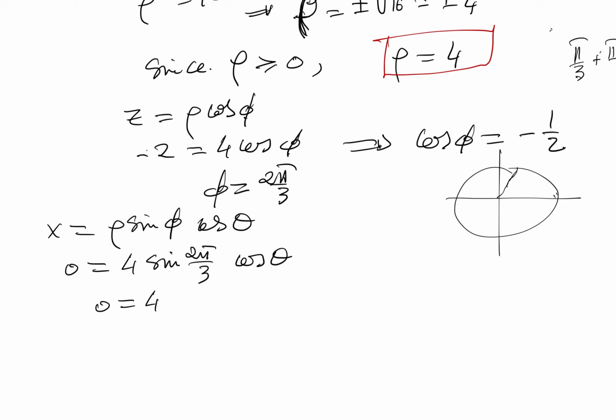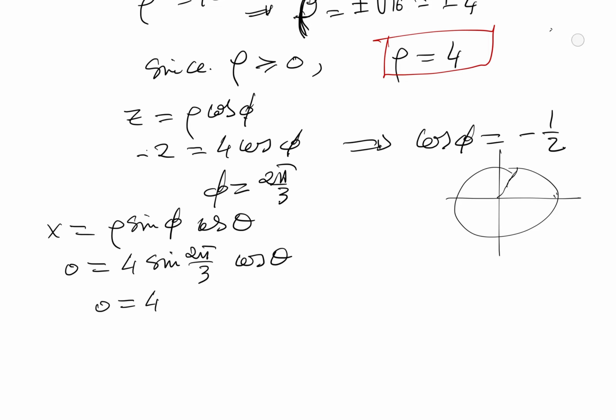Take negative pi over 3, and then add pi, and you get 2 pi over 3.